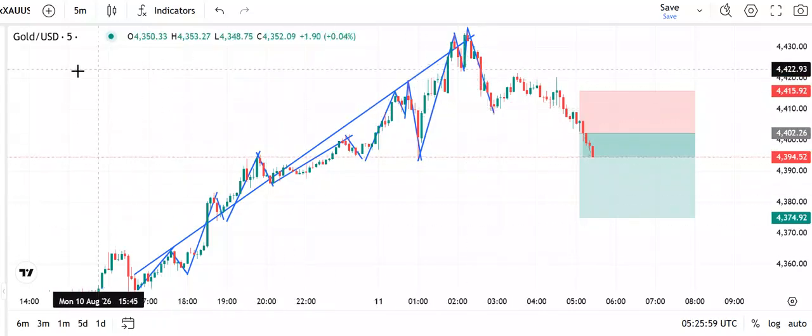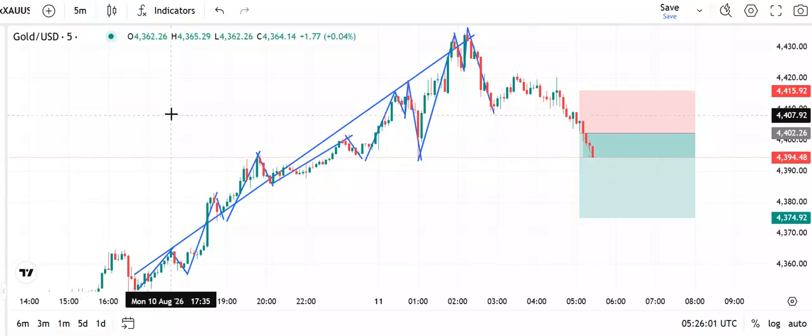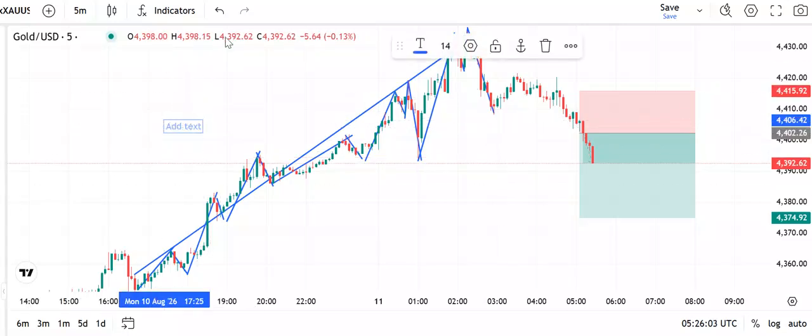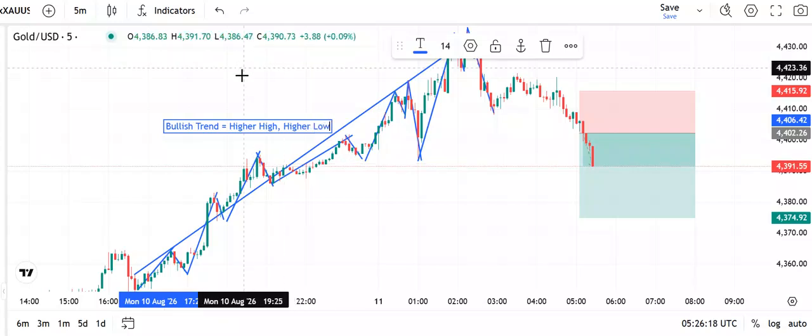Now here we have the bullish trend, where we have higher high, bullish trend, where we have the higher high, higher low, right?